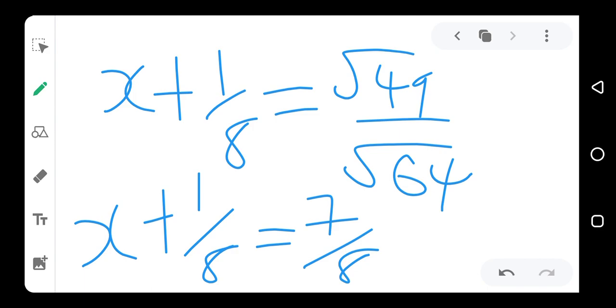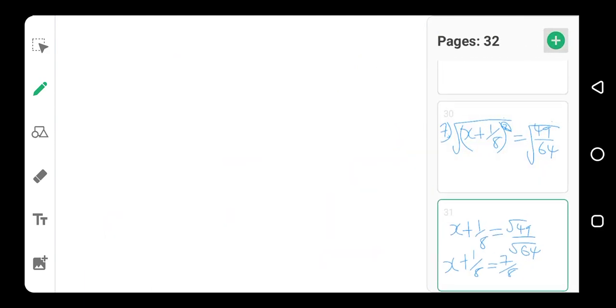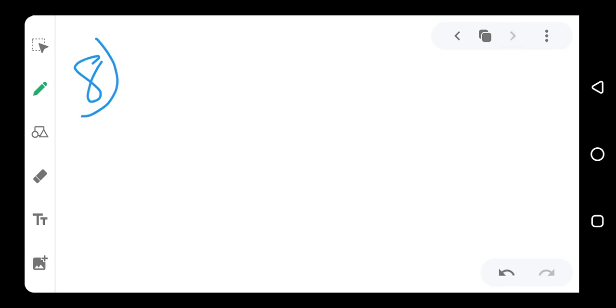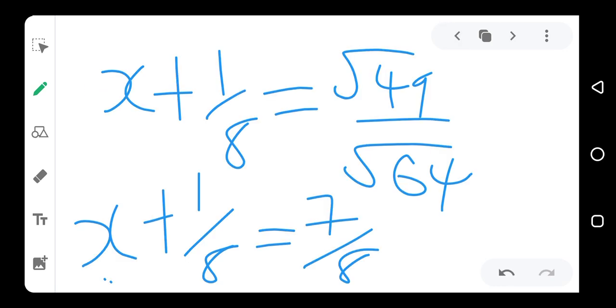Now in the final step, we make x the subject of the formula. Make x the subject of the formula, that is, make x stand alone. That is step 8. Now from here, remember that this value is plus or minus.